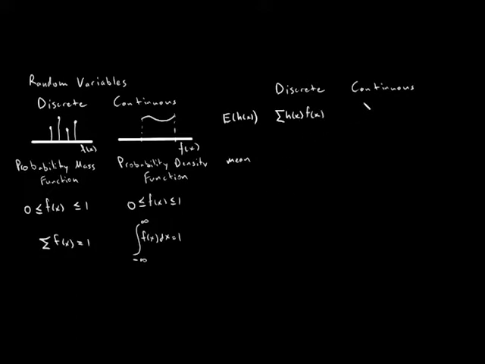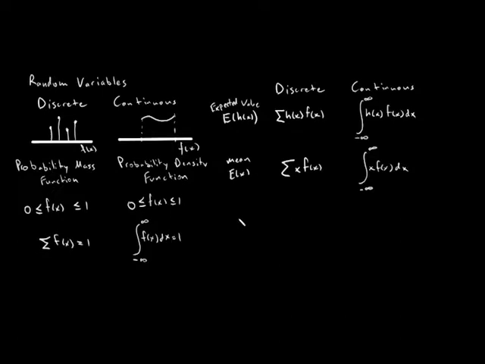For continuous, this would give us, from negative infinity to infinity, h of x times f of x dx. So this gives us the expected value. Now the mean is essentially the expected value of x. So x times f of x for all x, and for continuous random variables it would be x f of x dx.